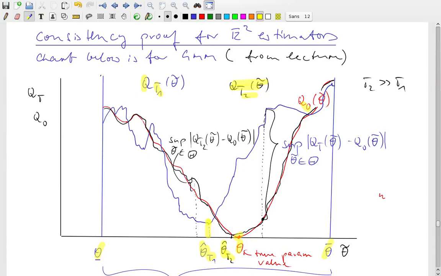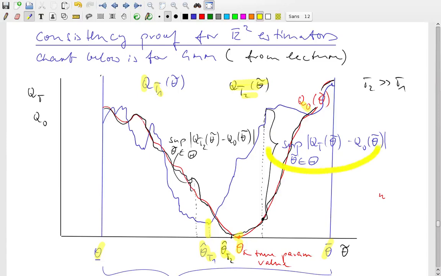It's a convergence of a random function evaluated at different parameter values, so we need to extend our view on stochastic convergence, and for that purpose we have introduced the notion of stochastic convergence uniformly. This uniform convergence is basically concerned with, intuitively speaking, the largest differences between the Q t functions and Q naught.